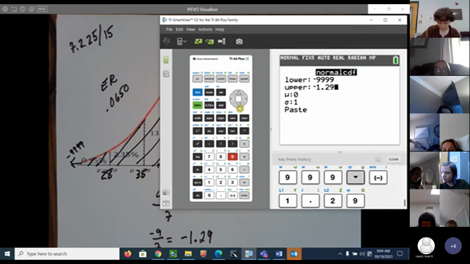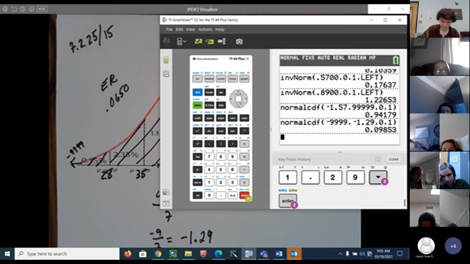If you got a newer calculator, you would type in negative 9999 to 40, and then 49 for the mean and 7 for the standard deviation. 0.0985.